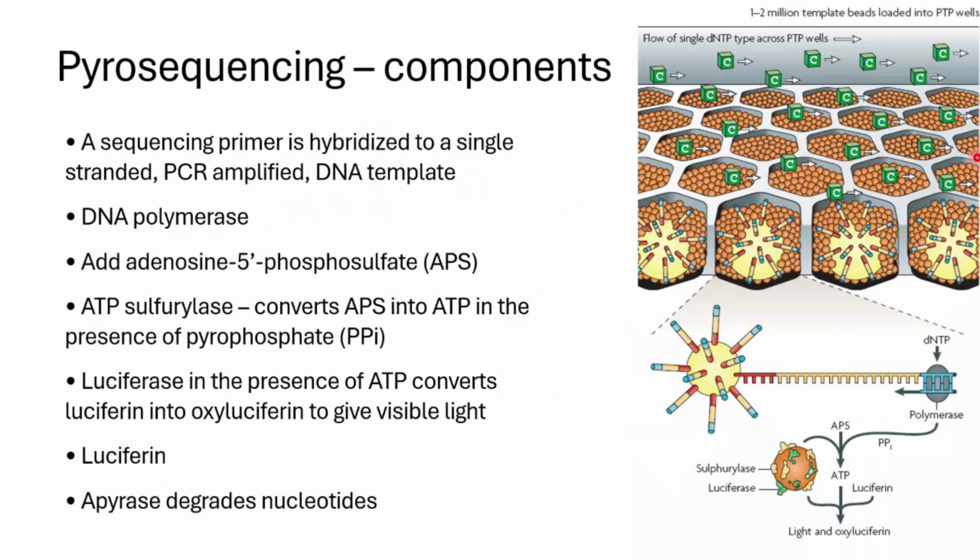So you'll have A passes, G passes, C passes, T passes. Whenever you see light, you repeat the cycle, okay? And you can do this basically for each of these wells, or these holes here. So the light is detected separately for each one of them. So you can see how parallel this is.